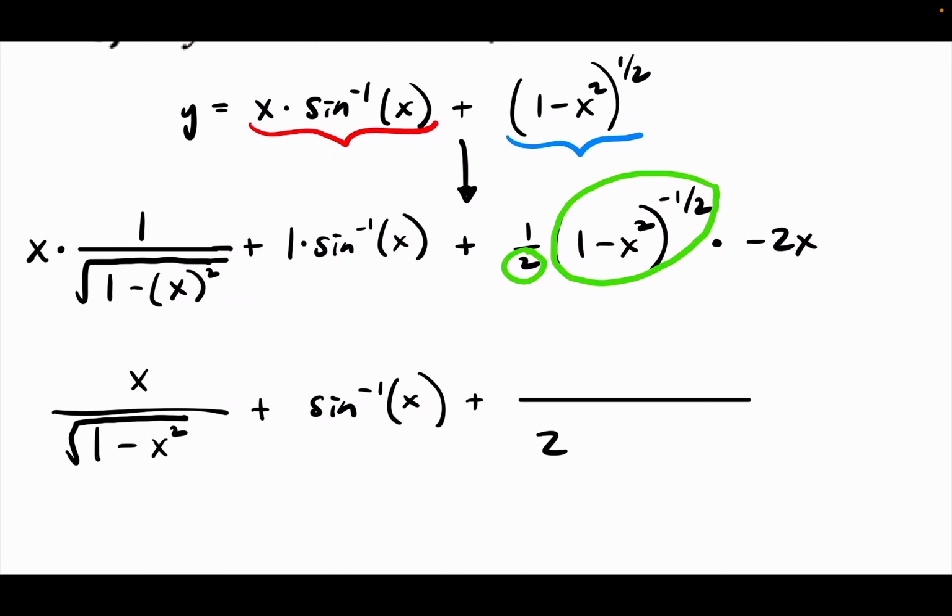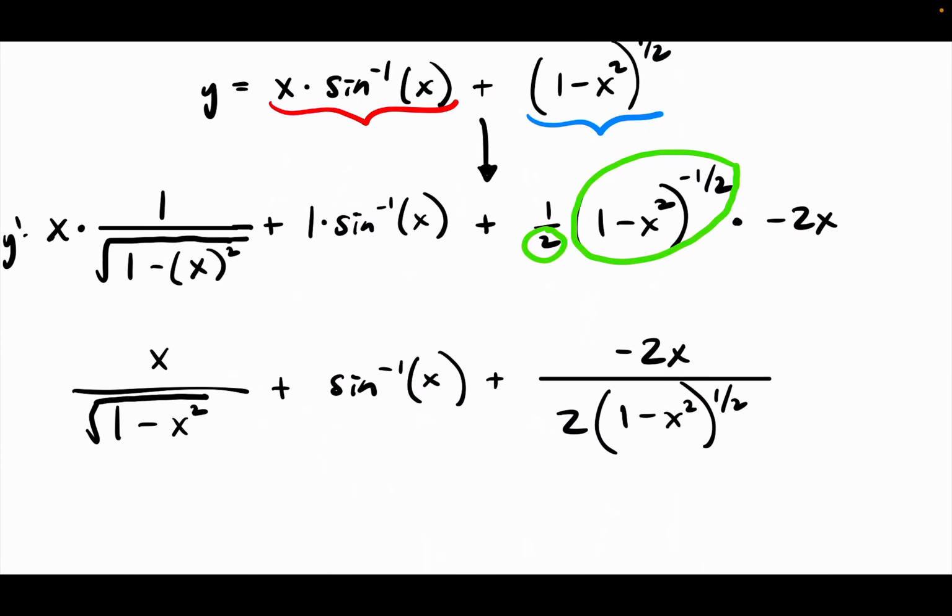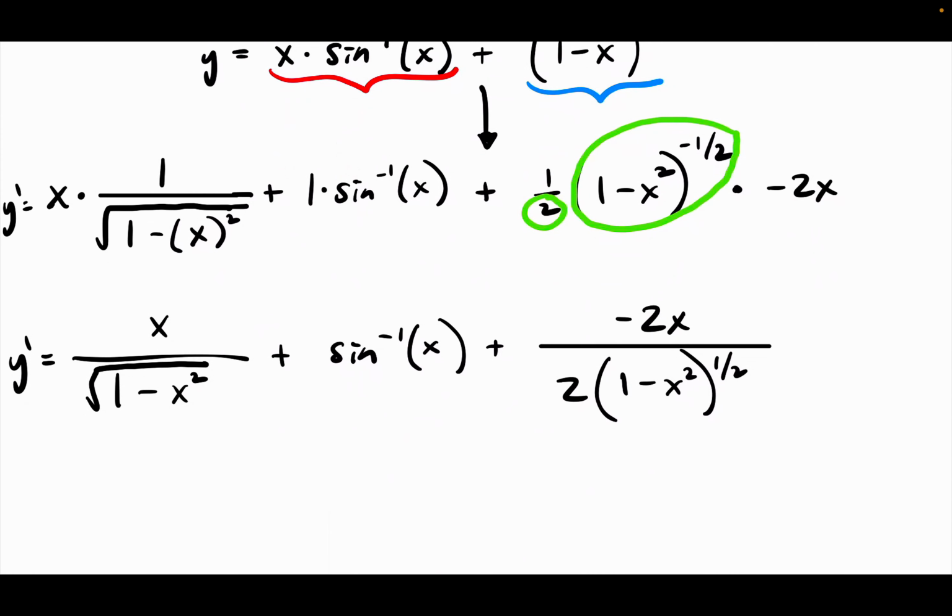So we get 2, 1 minus x squared to the 1/2, negative 2x. Okay, and then I can divide the 2's.